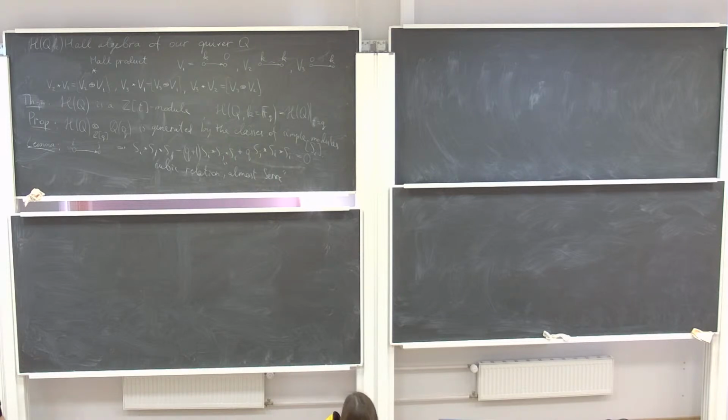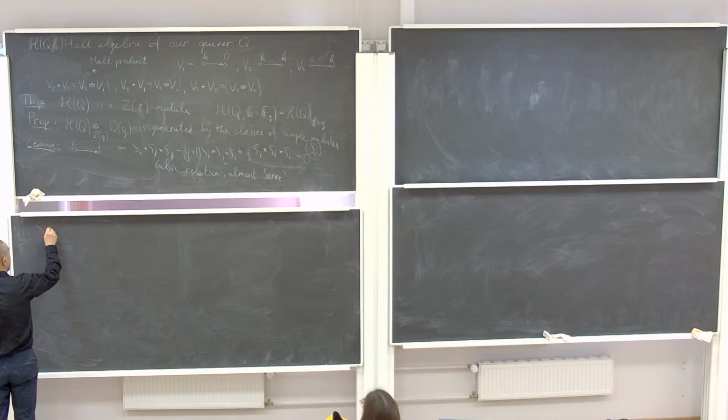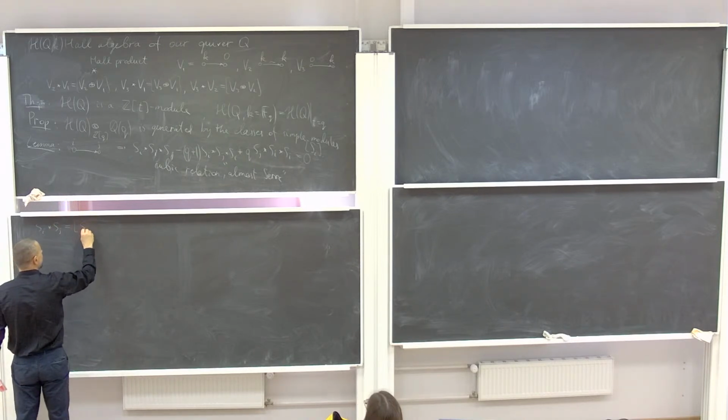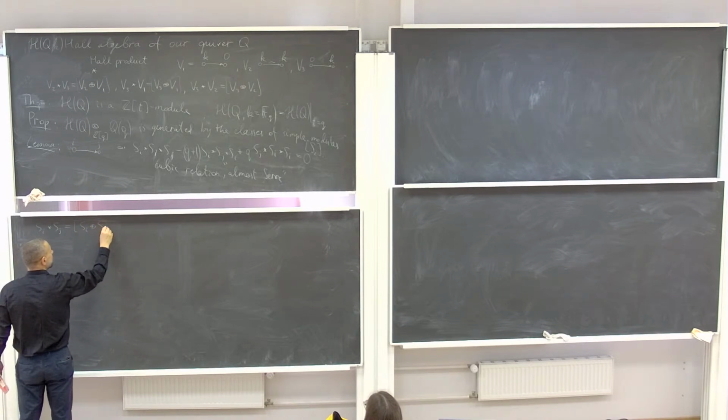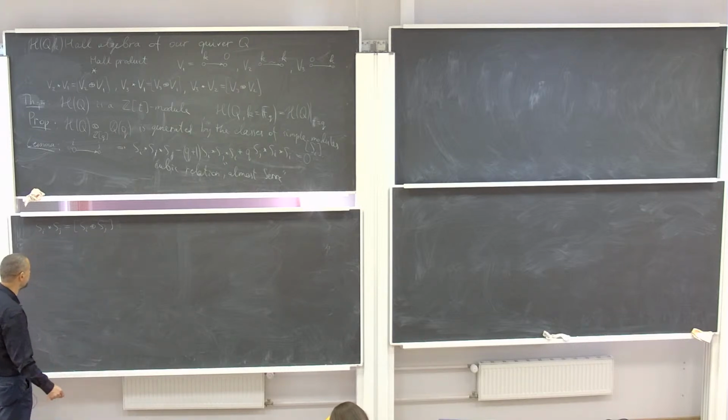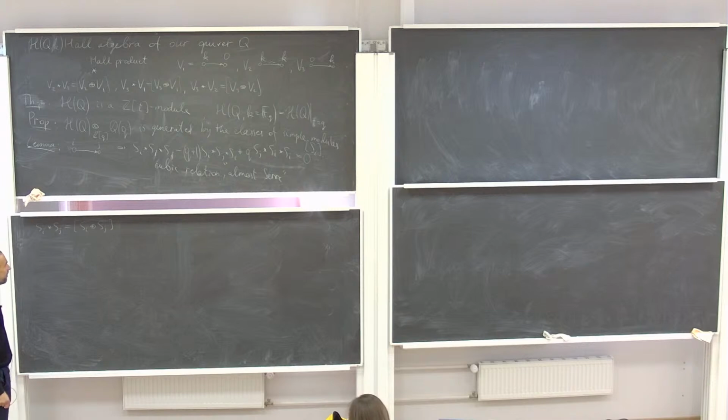For example, we know what S_i times S_j is, right? It was computed over there. This is the class of S_i direct sum S_j, right? And now we want to multiply this by S_j. So what will happen?